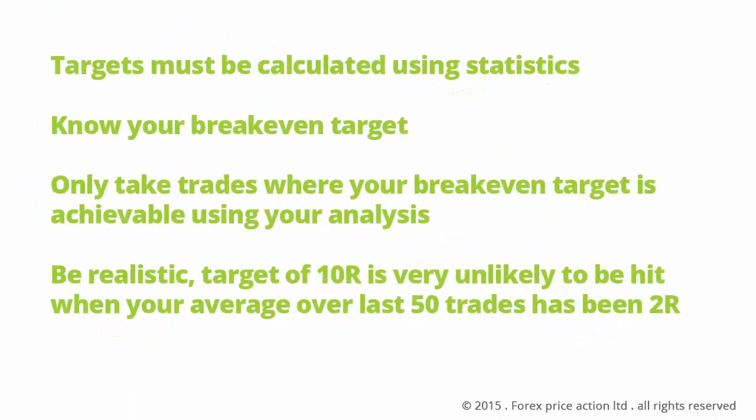By now, I hope you have realized that everything you do in trading must be based on mathematics. The same applies for profit targets. First thing to do is determine the minimum average reward-risk ratio that you must achieve in order to break even. This is because it sets the limit to how low you are willing to go when it comes to setting your target.